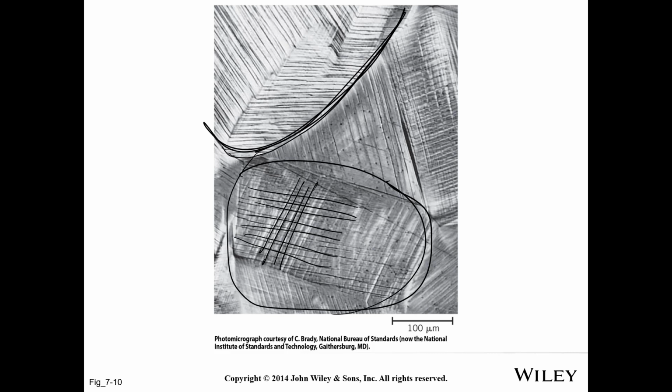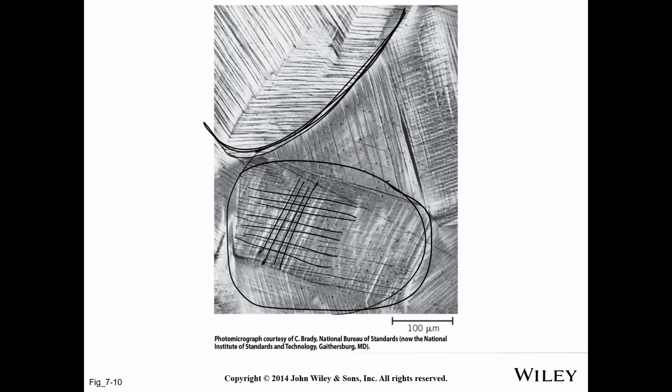I like this figure because it goes back to what we just said about polycrystals deforming, but it also goes back to our discussion of slip systems, slip planes and directions. And it's also going to lead into our discussion of strengthening mechanisms.